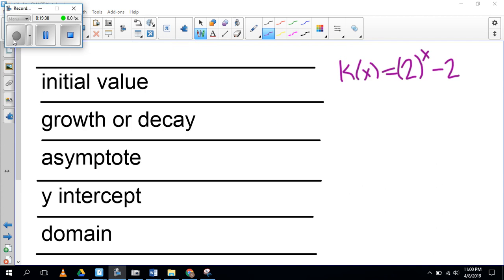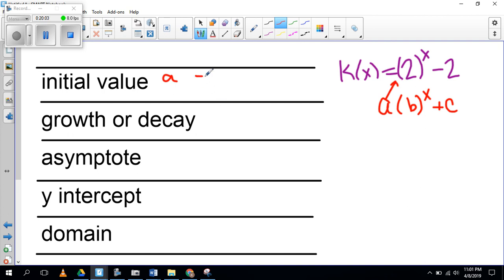Okay, so here's example number 4. Okay, so once again, I'm going to write my formula. A parentheses B to the x power plus C. Okay, so our initial value once again is the A value. The A is always in front of the parentheses, so there's nothing there.